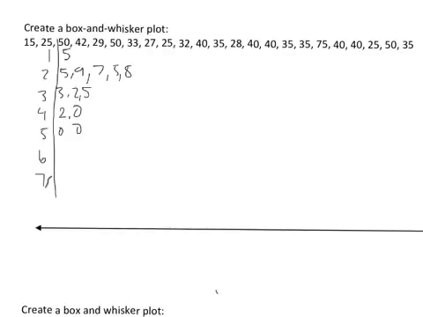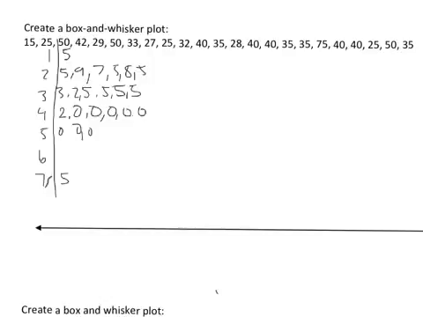It's a lot of numbers. 40, 40, 35, 35, 75, 40. It's a lot of 40s, huh? 75, 40, another 40, 25, 50, and a 35. So we got a lot of the same numbers. But yeah, that's what our stem and leaf plot looks like.